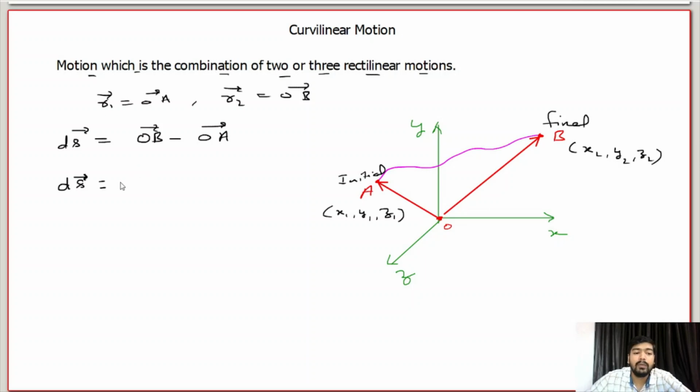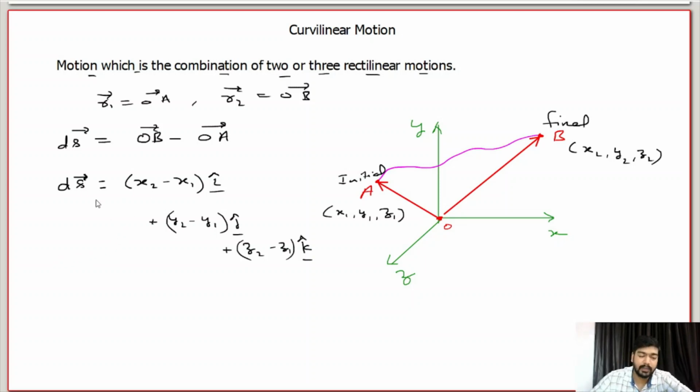So what should be the displacement here? x2 minus x1 in the x direction, plus y2 minus y1 in the y direction, so j cap, plus z2 minus z1 in the z direction. For the x direction we place i cap, for the y direction we place j cap, and for the z direction we place k cap. Like this we will take each and every curvilinear motion as rectilinear motions.